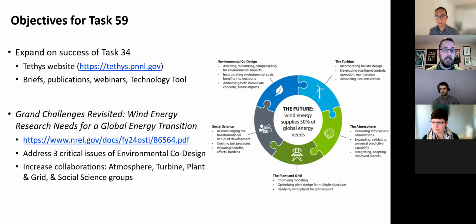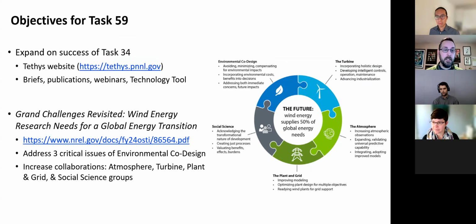One of the major objectives that we have for this year is to build on a meeting that was held in March of 2023 called The Grand Challenges Revisited: Wind Energy Research Needs for a Global Energy Transition.